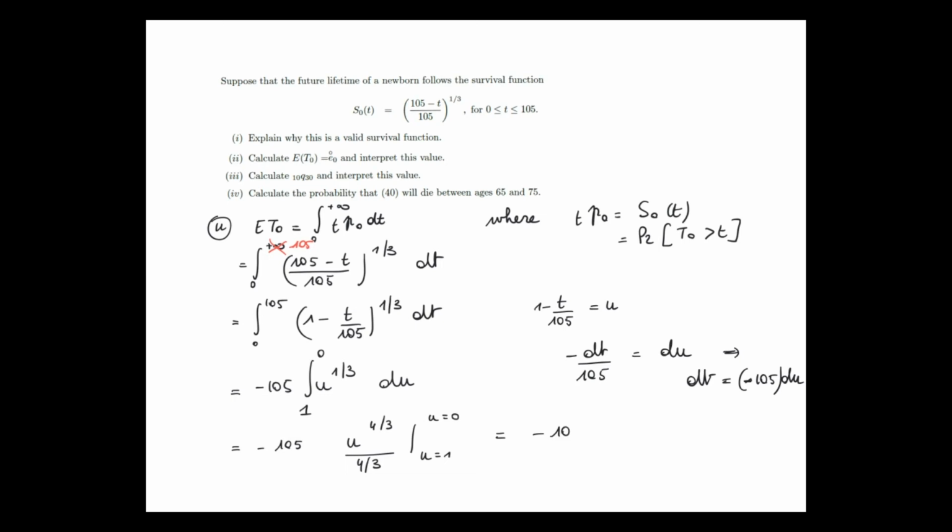So that gives me minus 105 multiplied with 3/4 with a minus. So in the end, I'll get 78.75. And that's the life expectancy, the complete life expectancy for a newborn whose survival function is following the given function over here in the exercise.